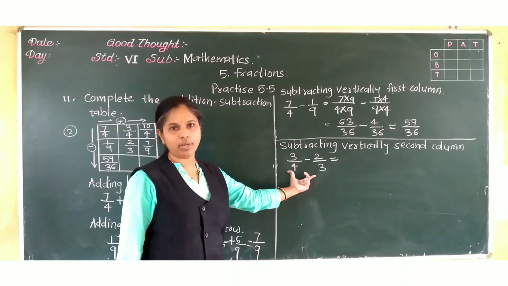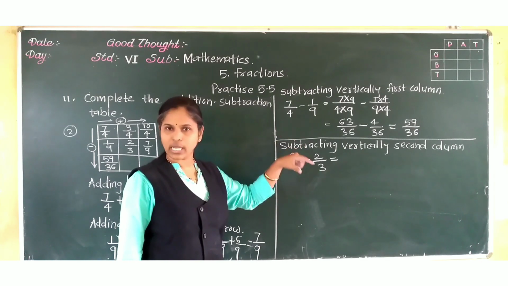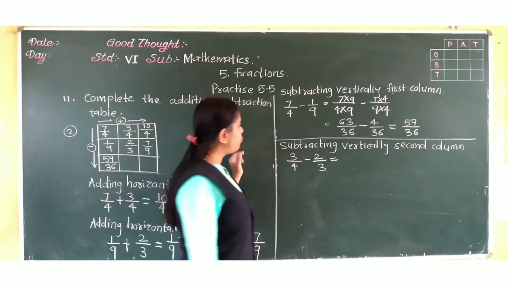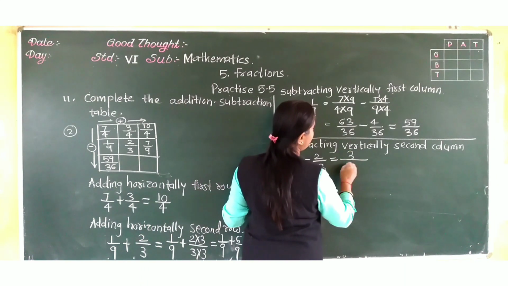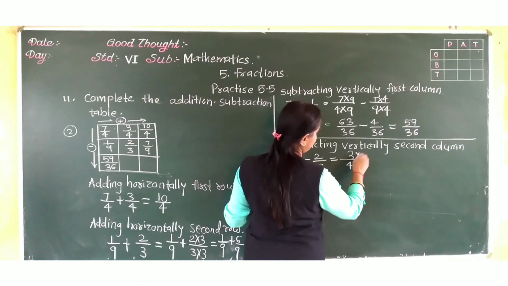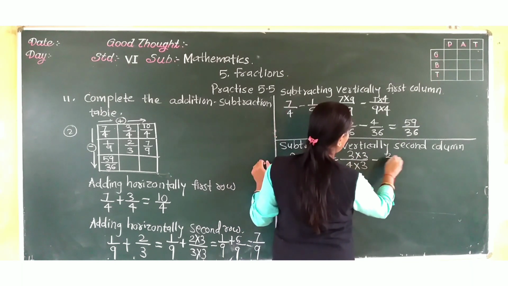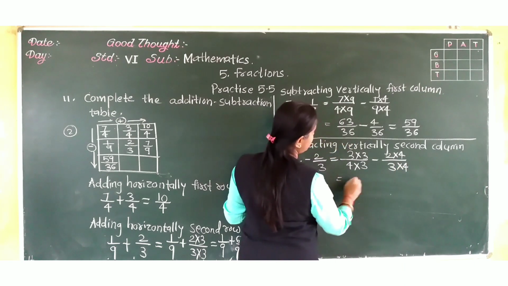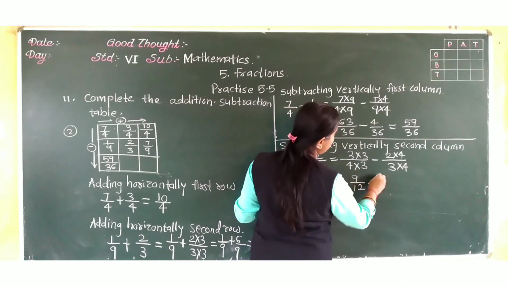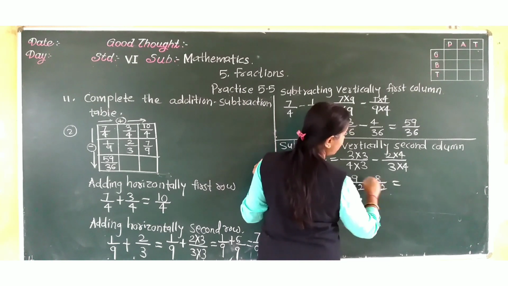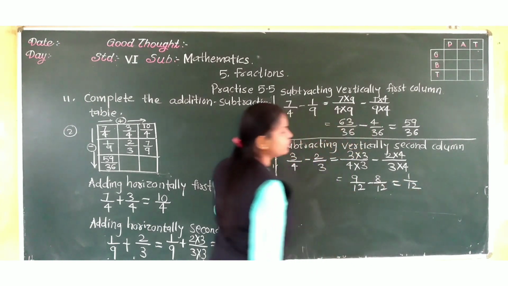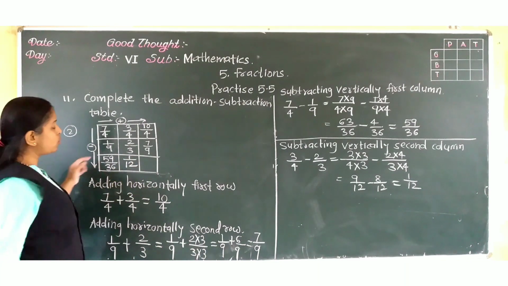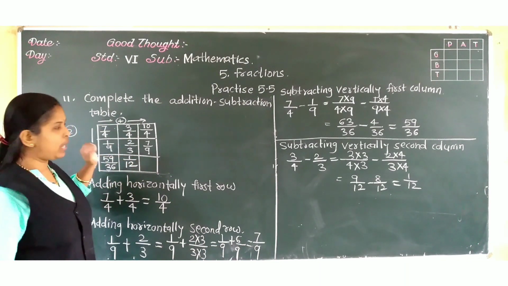What is the LCM of 4 and 3? 12. 4 3s are 12. So this we multiply by 3 and this fraction we multiply by 4. That is 3 upon 4 into 3 minus 2 upon 3 multiplied by 4. That is 3 3s are 9, 12, minus 4 is 8 upon 12. That is 9 minus 8, 1 upon 12. So the answer here, subtraction of the second column, is 1 upon 12.